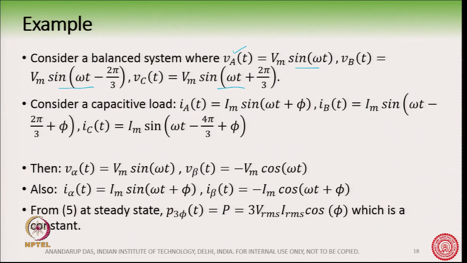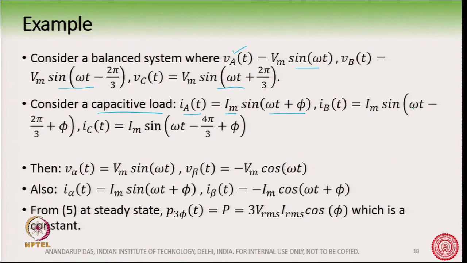Now, let us assume that there is a capacitive load. So, therefore, the current will be leading the voltage. So, Ia(t) is Im sin omega t plus phi.